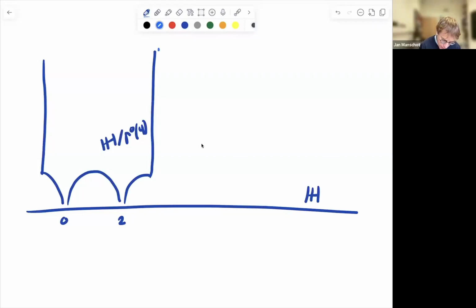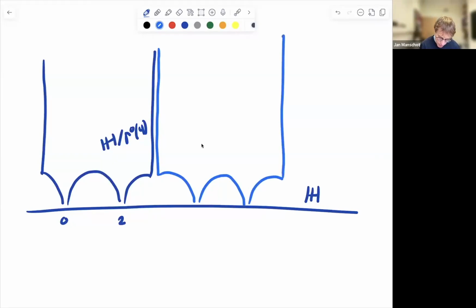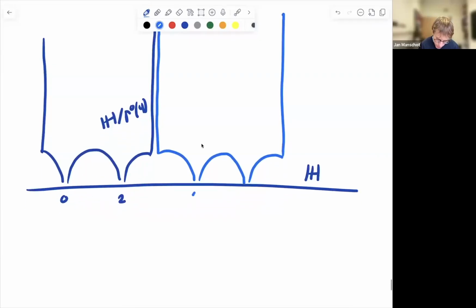We'll plot it adjacent, but it's really another copy. And there's a branch point where u is equal to 0. We can take the branch cuts going to infinity. That's where the two copies are connected.